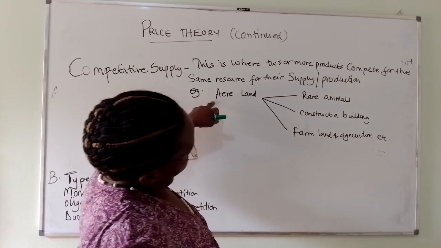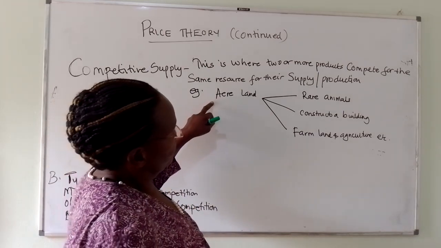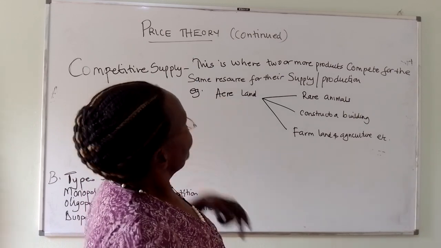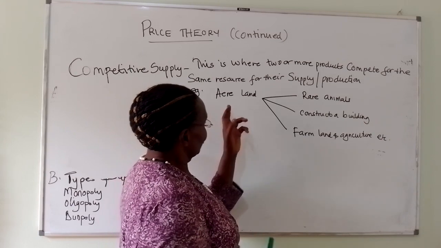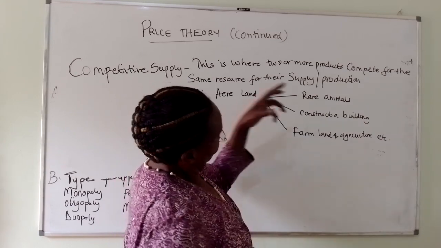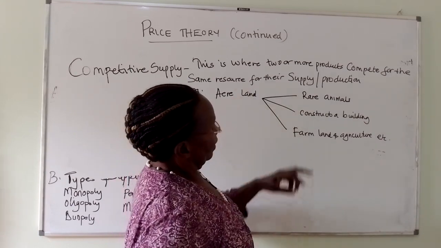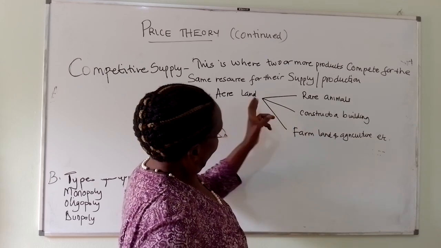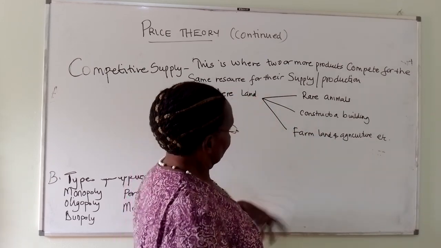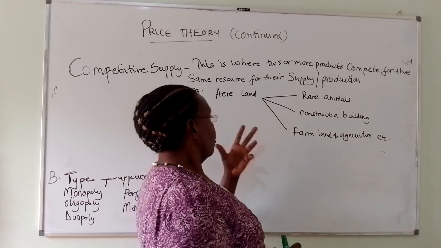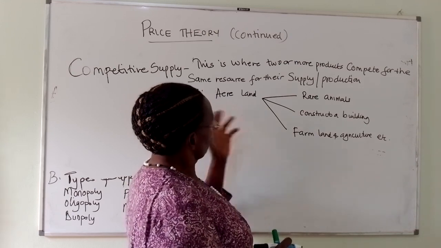Now our land is our limited resource, and we are trying to make a choice of how we are going to use our land. You can either rear animals on this land, or construct a building on this land, maybe a school, and then you get money out of the school fees that people are going to be paying in that school that is on your land.